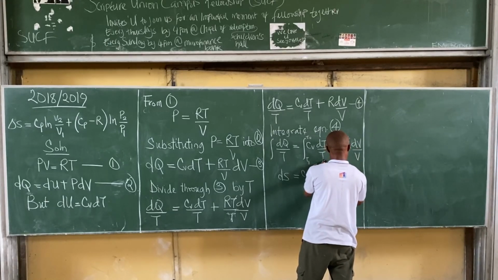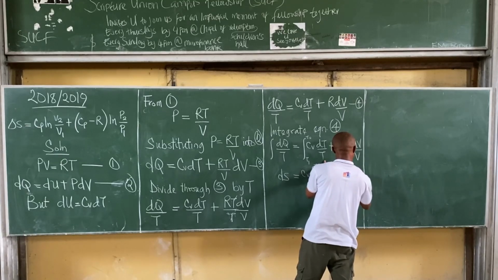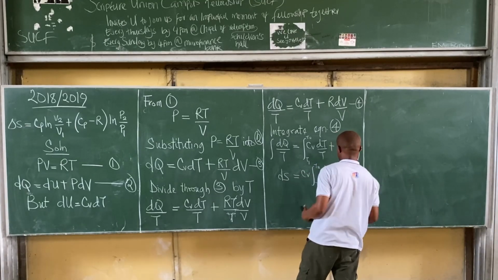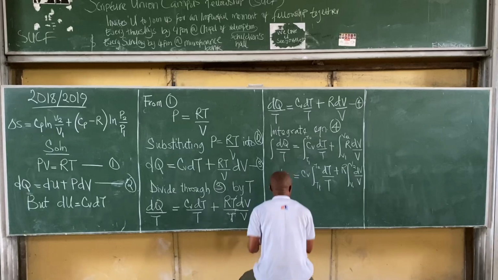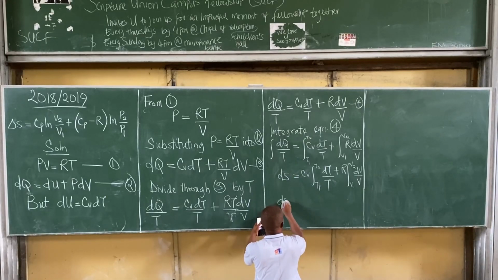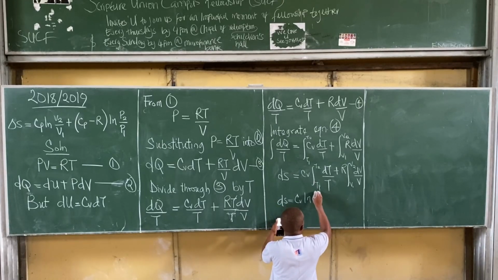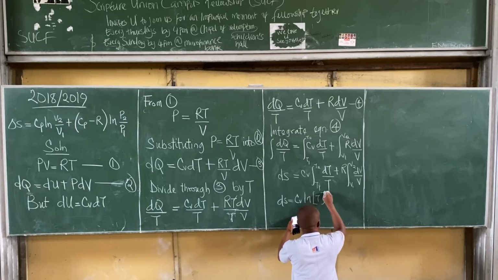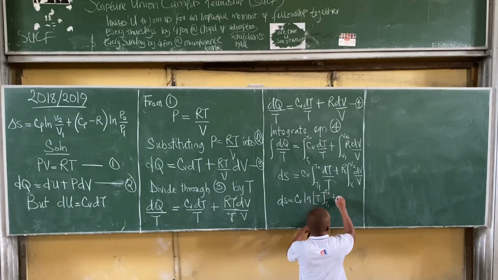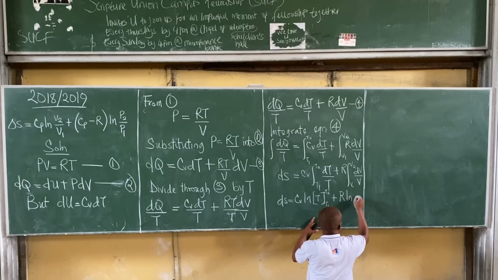It comes out and we have the integral of dV over V. So integrating this, we have that delta S equals Cv ln T, between the upper limit and the lower limit, plus R ln V.